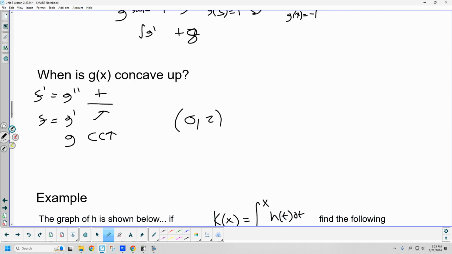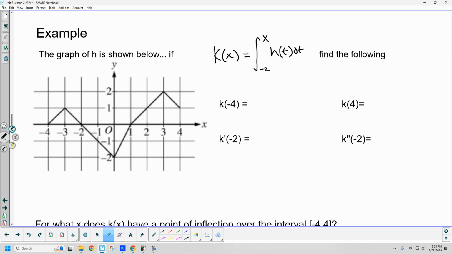Okay, let's see if you can handle this all at once. Now, I change up letters. You got to be able to adjust and adapt. Ready? What is this the graph of? H. This is the graph of H. Okay.